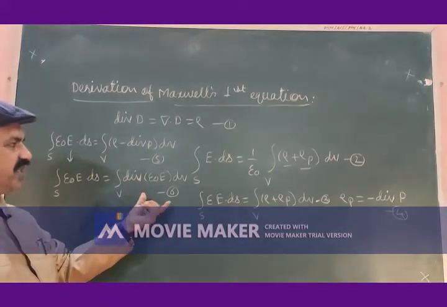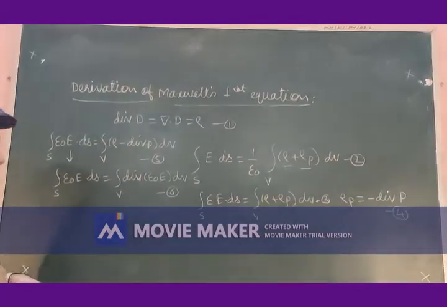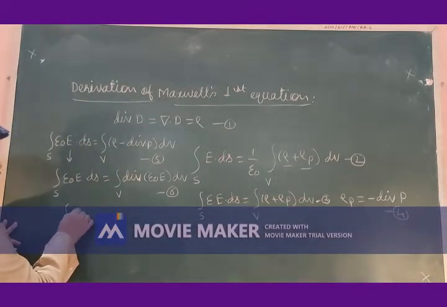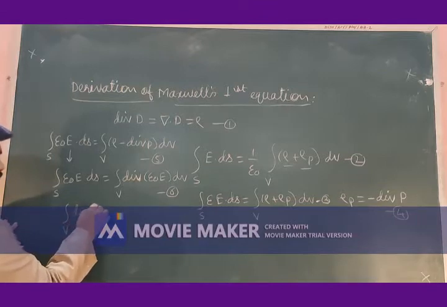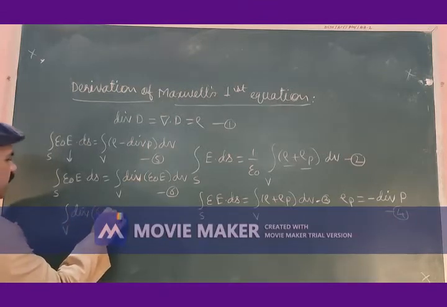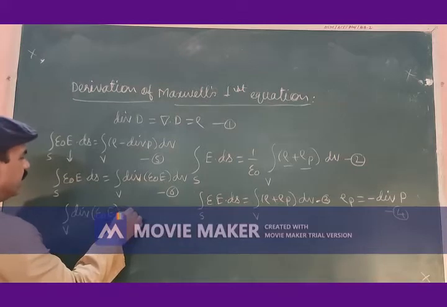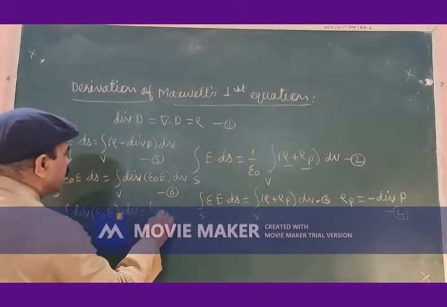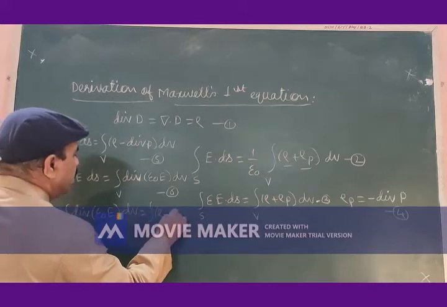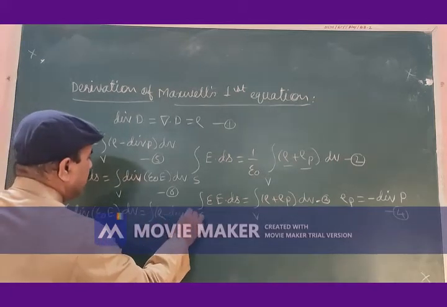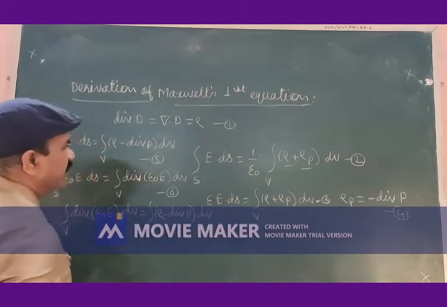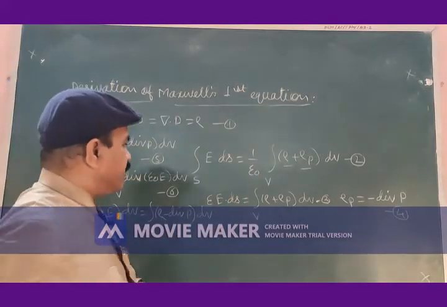Let us use equation 6 in equation 5 to get volume integration of divergence of epsilon 0 E into dV equal to volume integration of rho minus divergence P into dV.